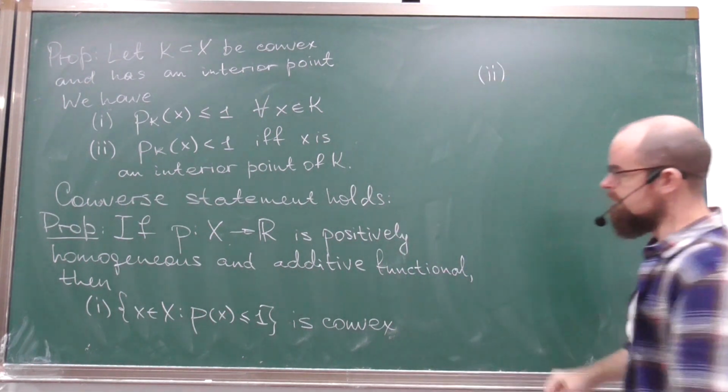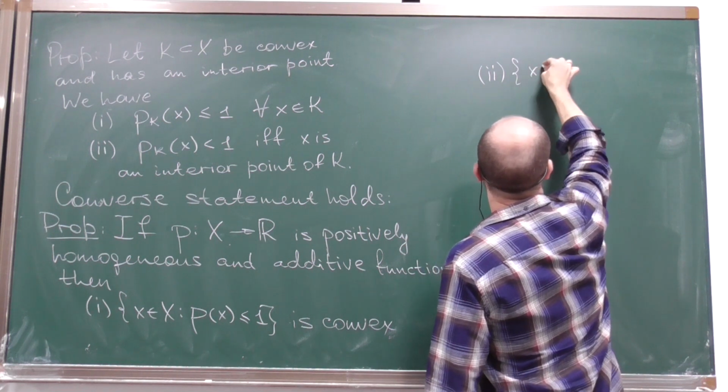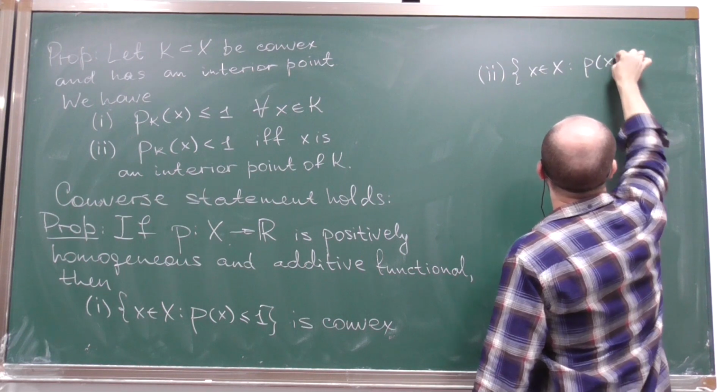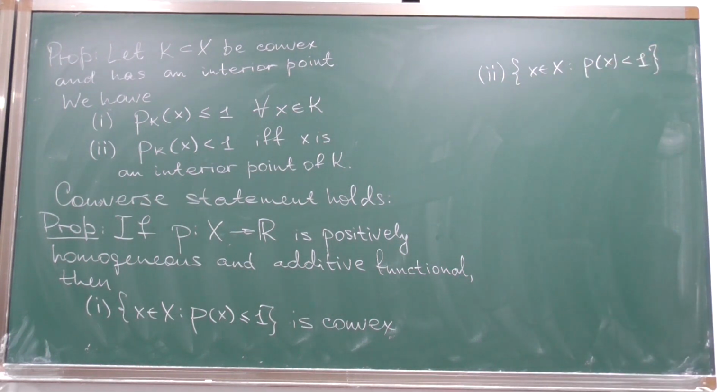The second statement is that the set of all x's from X such that p of x is strictly less than 1 is convex and contains 0 as an interior point.